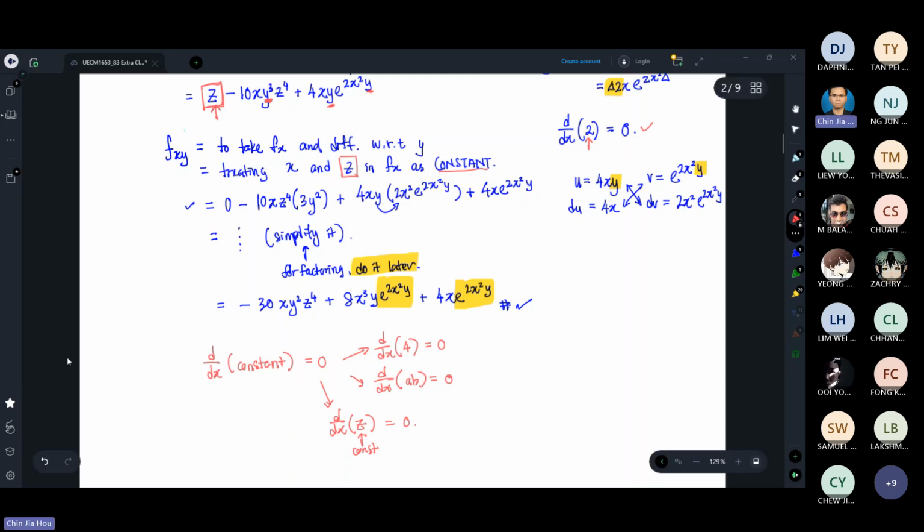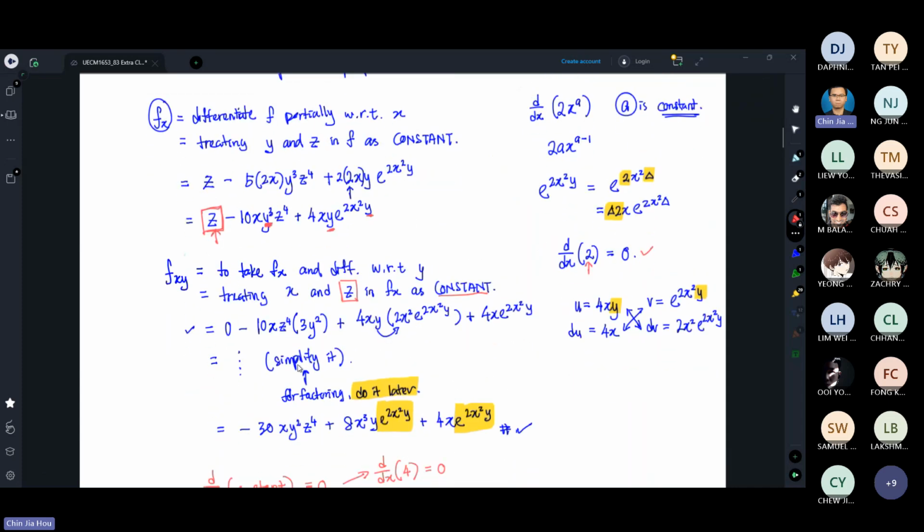Okay, good. So this is the very important part of partial derivatives, which encompasses the whole chapter 3. You need to really understand this, to master this part, treating what as a constant. And I think the differentiation part is just something that is considered easy when you are a bit more familiar with the differentiation from chapter 2.